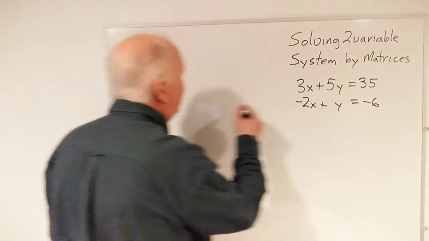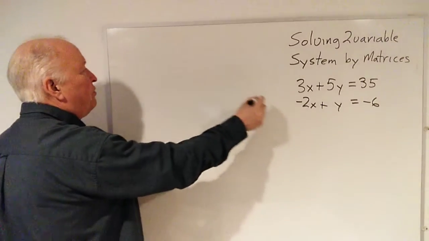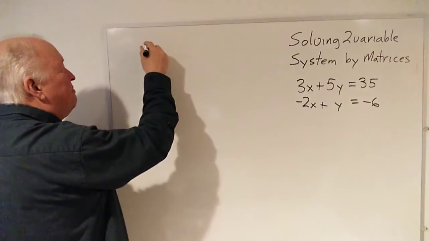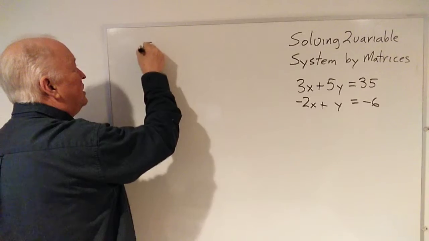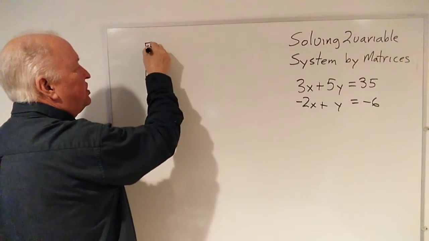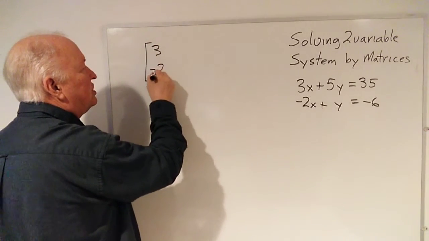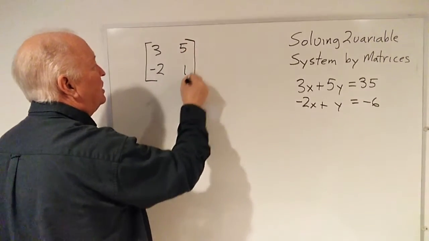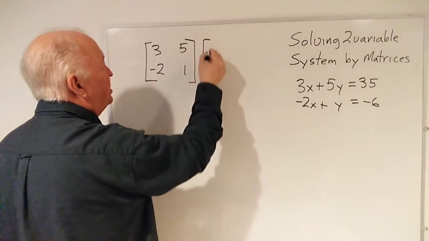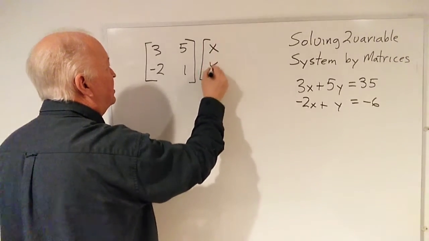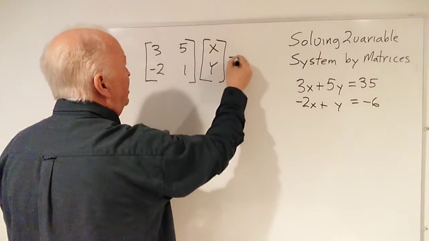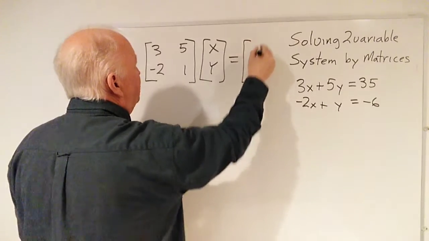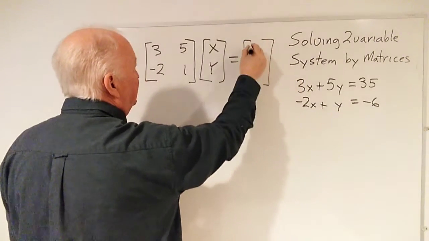The first thing we'll note is that we can rewrite any system as a matrix equation. We take one matrix of the coefficients times a matrix which contains our variables equals a matrix which contains our constants.